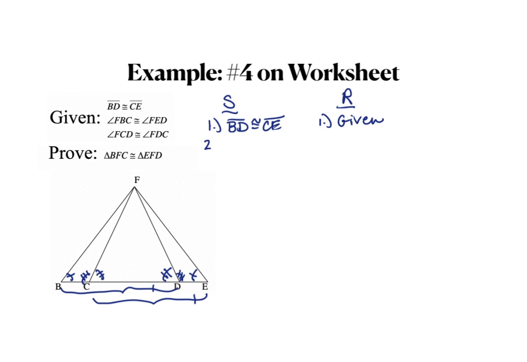So I know that CD is congruent to itself, and I know that because of the reflexive property. And now I can say that BC is congruent to DE. And that is segment subtraction.